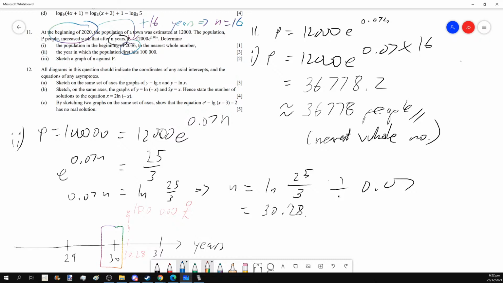In other words, you're going to have to disregard your standard rules of estimation and deliberately round upwards to 31, even if we have 30.2. I will deliberately round upwards to 31.